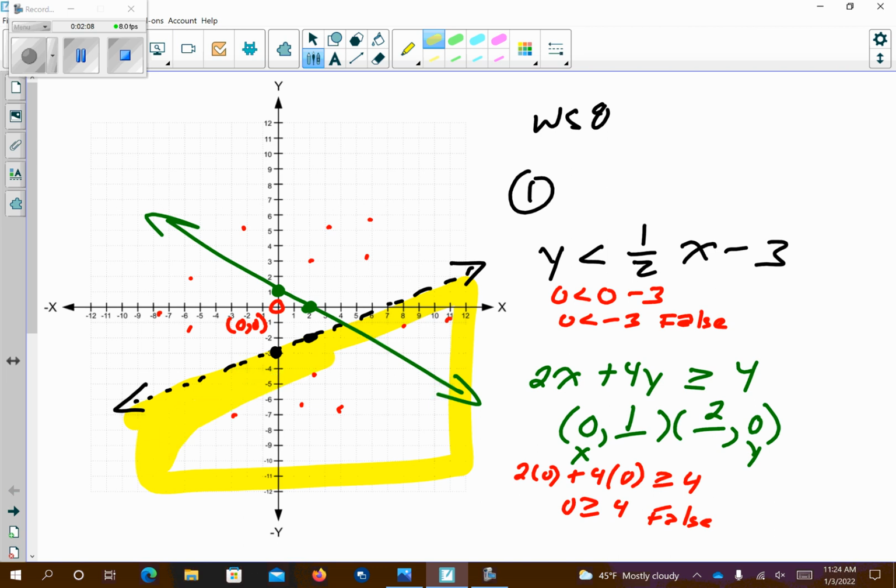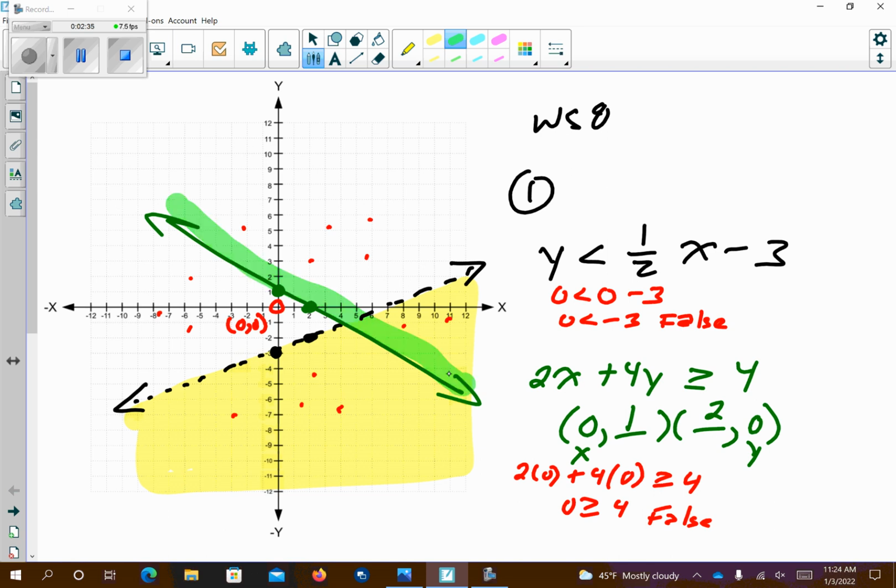Okay, so just color that in. So if I picked any point down underneath the black right there where I'm shading, it would give me a true statement. So now we also know that it's false for the green line, so it has to be above the green line. So above the green line is going to be here.